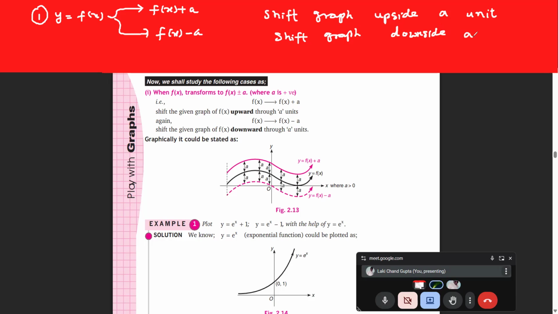What does a unit mean? A is any constant.